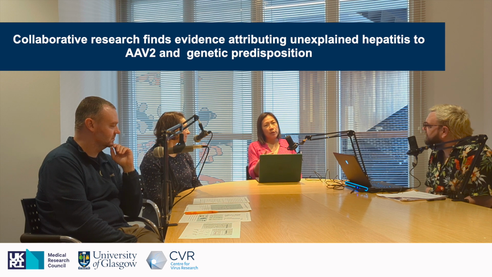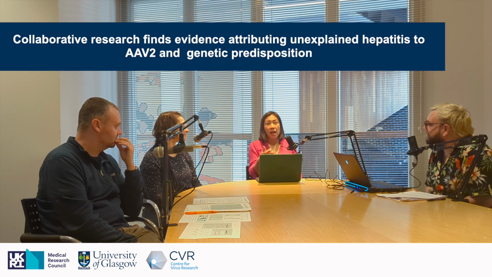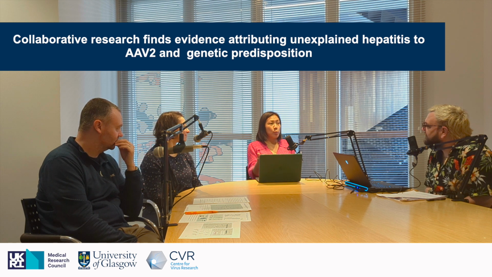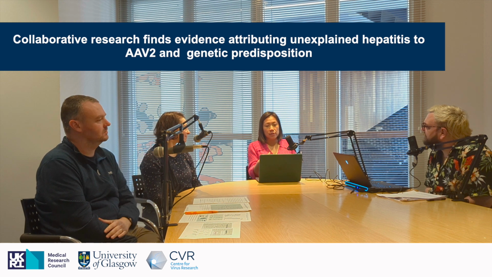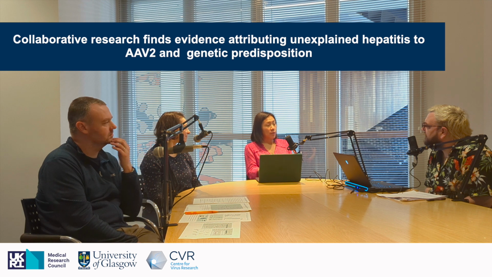And the helper virus is typically, given that it's called adeno-associated virus, adenovirus, one such helper virus. There are other types of helper viruses, including herpes viruses, human papillomavirus, and bocavirus as well. But it does require co-infection with another virus in order to multiply.